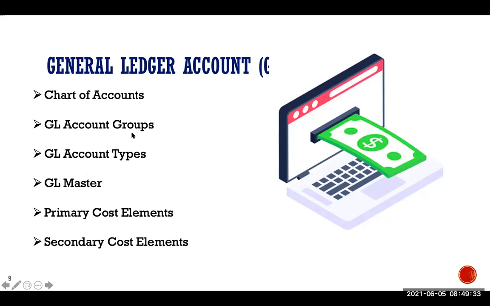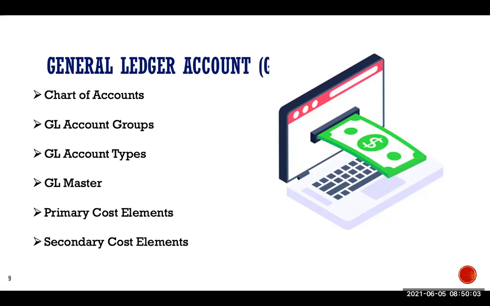When we create a master data, then again there are two kinds of cost elements. When I create a GL account, as I told you, we are going to use your GL accounts for your internal reporting too. You are going to create these GL accounts and use them, and then finally you will be getting the financial statements.